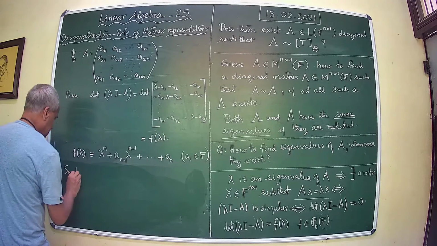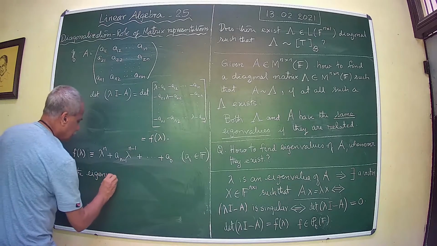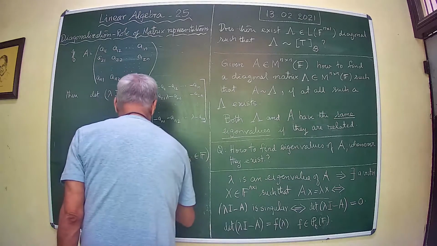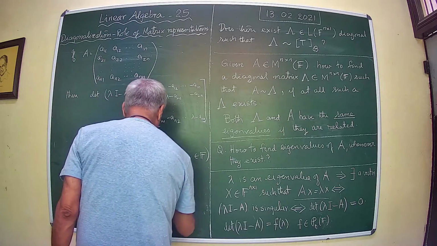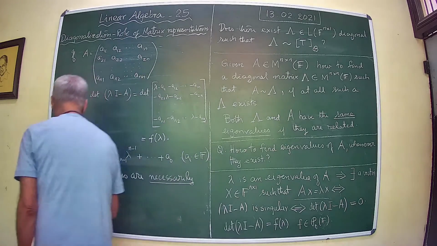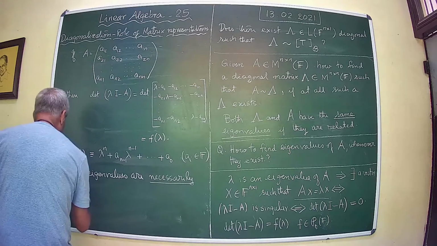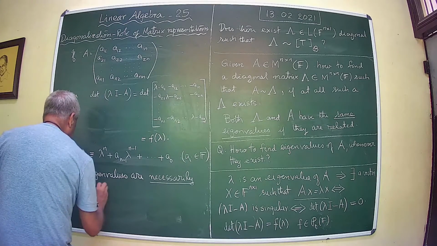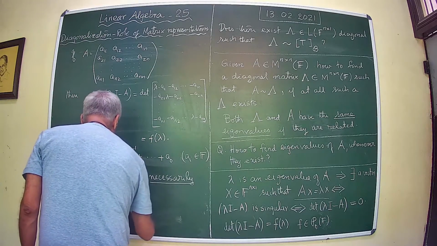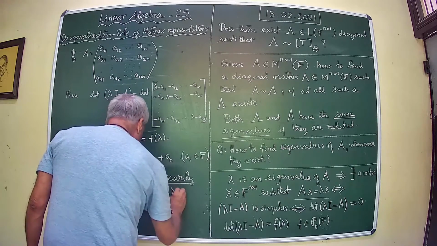So the eigenvalues are necessarily the zeros of the polynomial f of lambda.